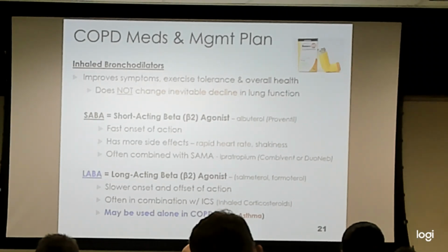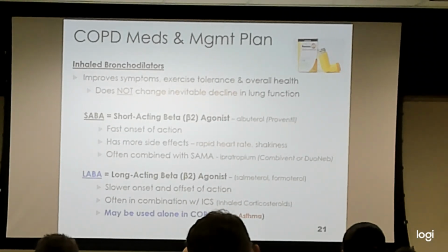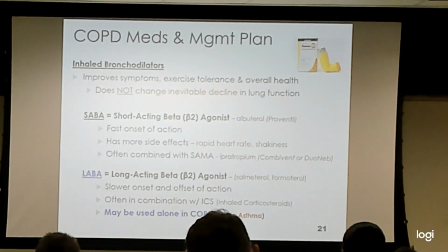Our long-acting beta agonists, these are our salmeterol, formoterols. A little bit slower, very often combined with inhaled corticosteroids. This is our Symbicort. And like asthma, we do see these long-acting beta agonists used alone.